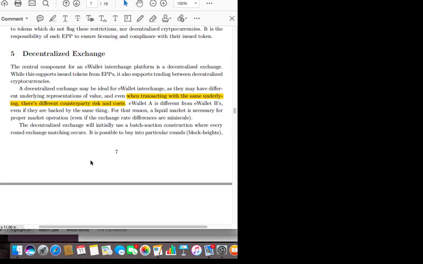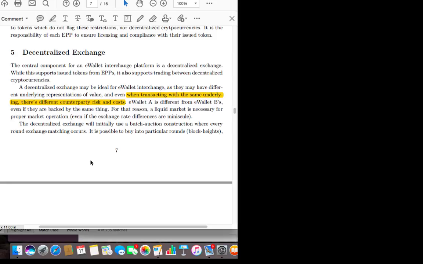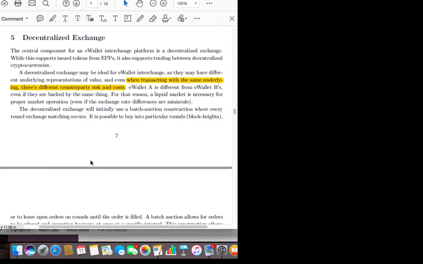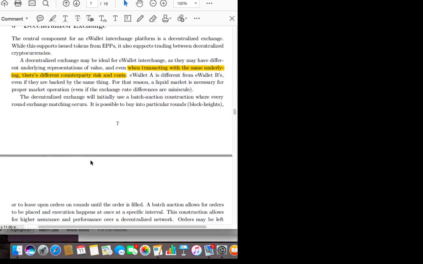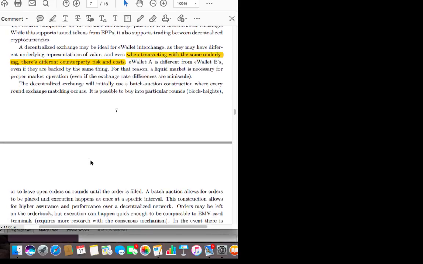For those that don't know, a DEX, a good example of that is EtherDelta. So think about that, but just probably a higher quality version of that, and one where you have multiple wallets that can interface to that DEX. So very neat thing there, guys.